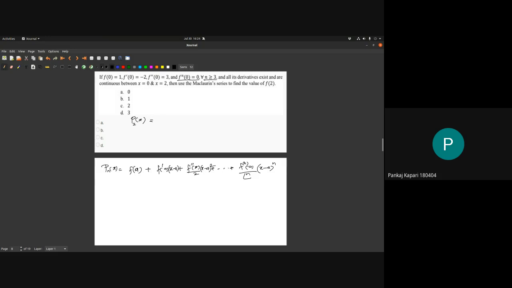So f of 0, f prime 0 x, f double prime 0 x square, and after that everything is 0. So this is our Taylor's polynomial, and using this polynomial, you have to find the value of the function f at 2.